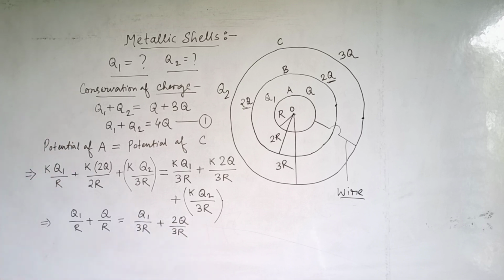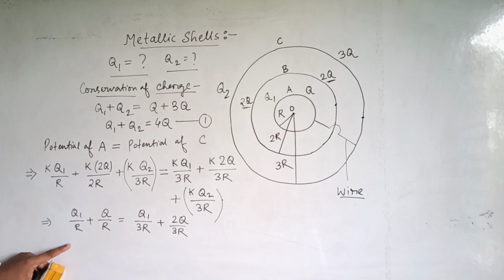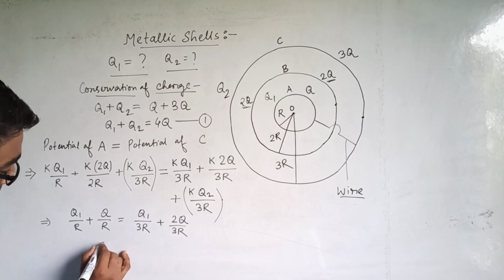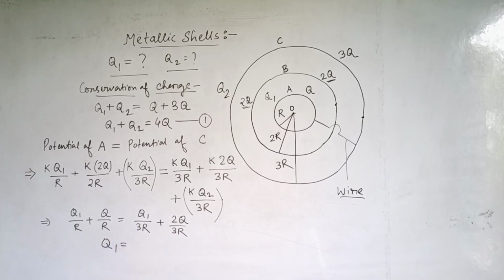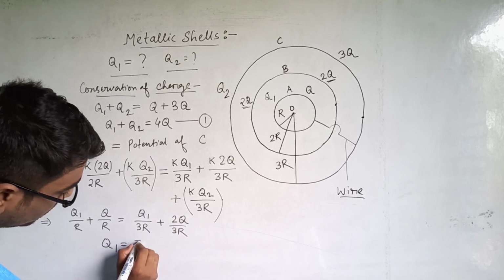Okay, now if we solve it, the equation comes out like that. Q1 will be equal to minus Q by 2.